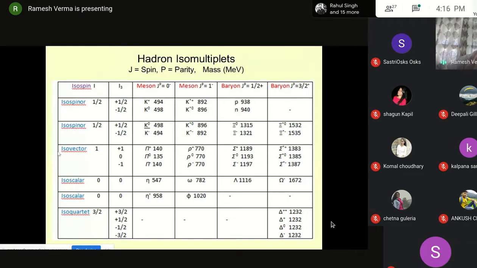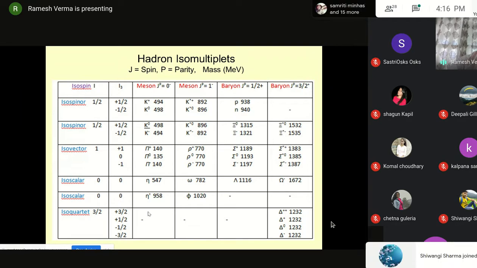And we also have the isovector, pi plus, pi 0, pi minus for pseudoscalar mesons, rho plus, rho 0, rho minus for vector mesons, and sigma plus, sigma 0, sigma minus for spin 1/2 baryons, and its heavy brothers for 3/2. We also have isosinglets: eta, omega, lambda, omega minus, and another isoscalar. We have a very rare example of an isoquartet.